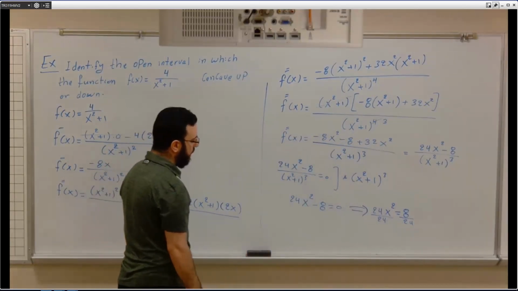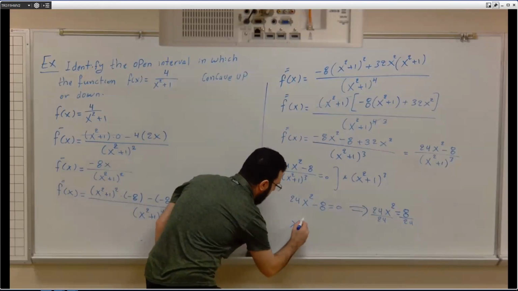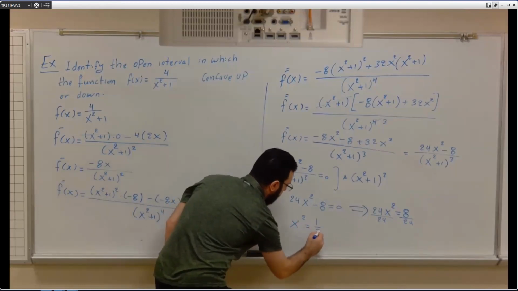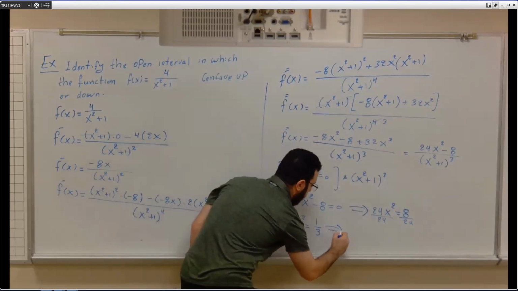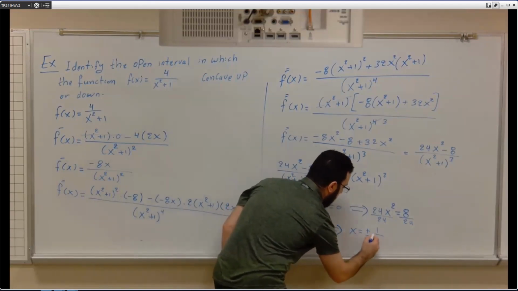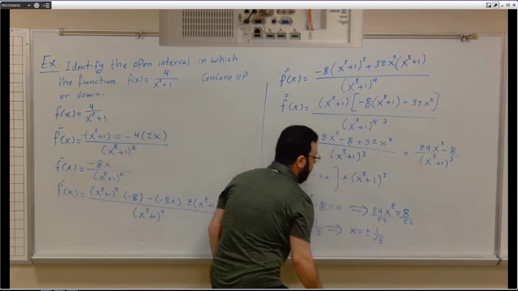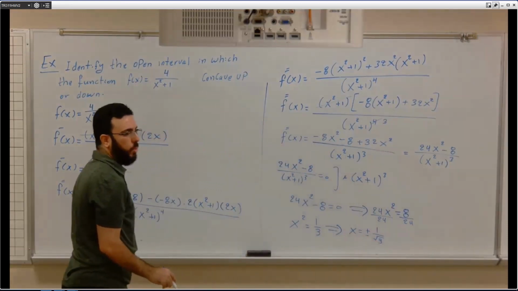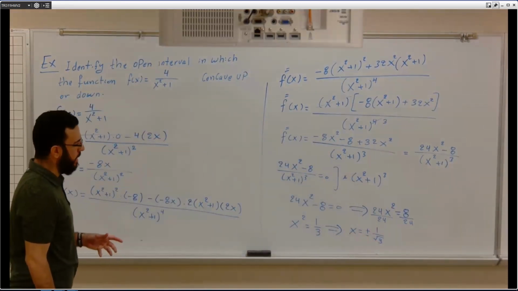So we get 1/3. That means x squared is going to be 1/3. Take the square root of both sides. So x is going to be plus or minus 1 over square root of 3, which is equal to 0.57.